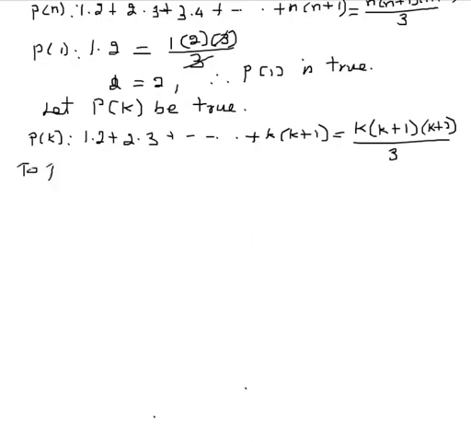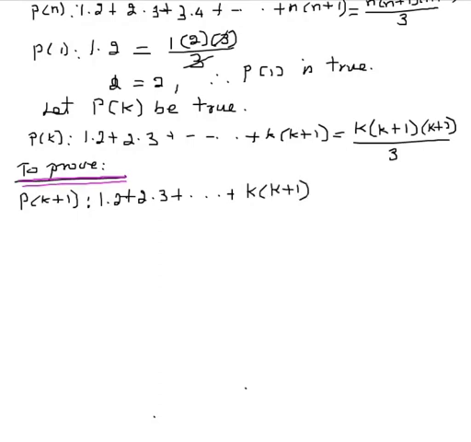Now to prove, we are going to prove P of k plus 1 statement. Which is 1 into 2 plus 2 into 3, etc. Kth term is k into k plus 1.